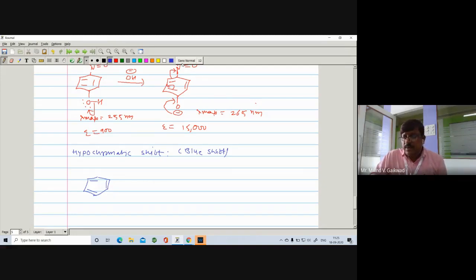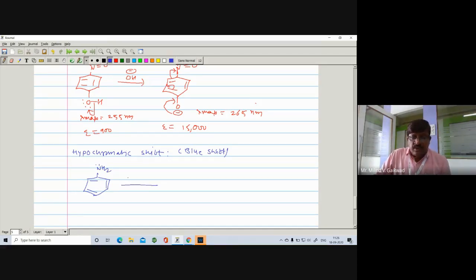In the previous example, you will see that the length of conjugation got increased, right? Why? Because this O negative can undergo delocalization very easily as compared to phenol. Now next example, here we have aniline, NH2. NH2 contains a lone pair.